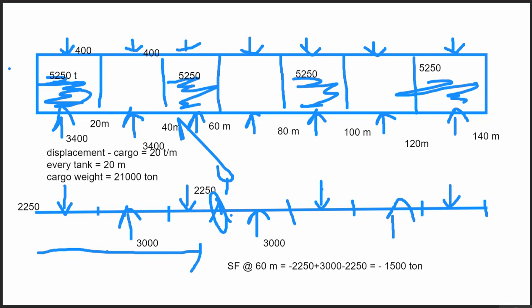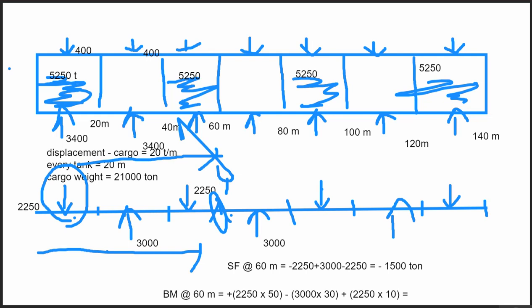Yes, indeed, Antoine. Correct. So this is how you need to calculate it. If you look at the bending moments, good, Loïc, excellent. You need to visualize yourself as a microbe and look at all the forces acting upon you. You have 2,250 at the distance of this arm equal to 50 meters, 3,000 multiplied by the respective arm, 30 meters, and 2,250 multiplied by the respective arm of 10 meters.